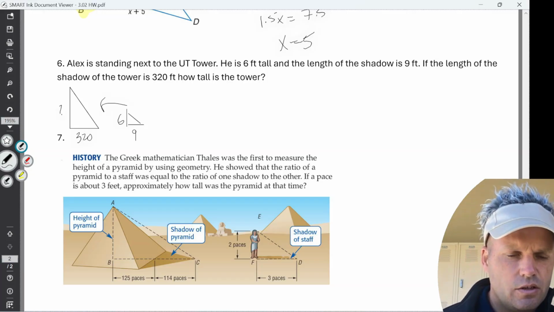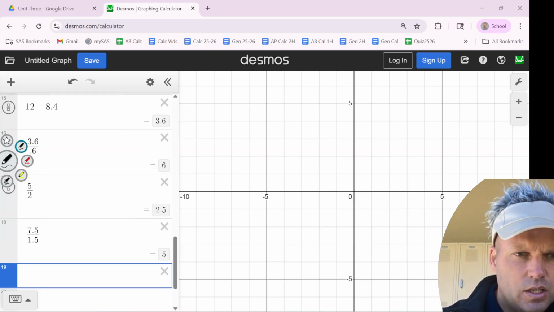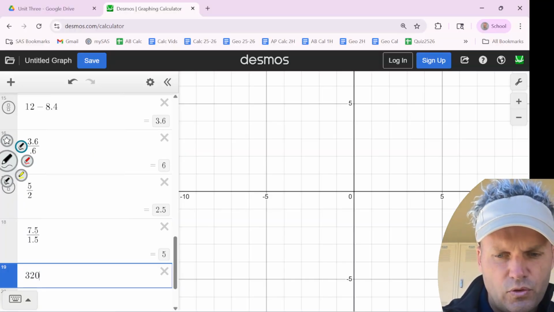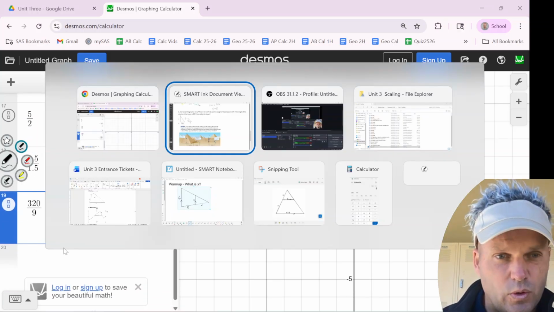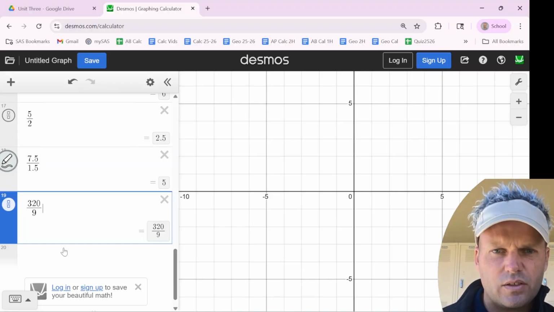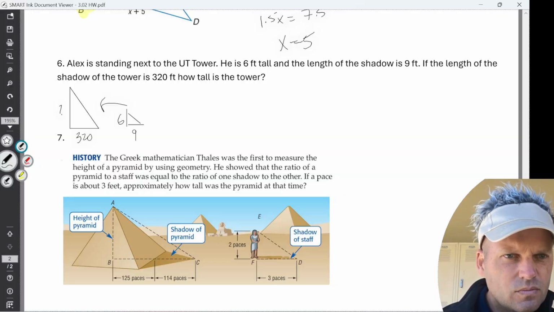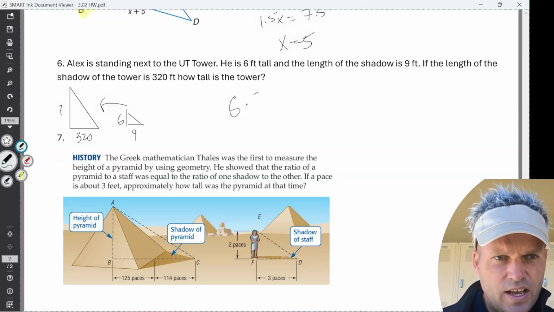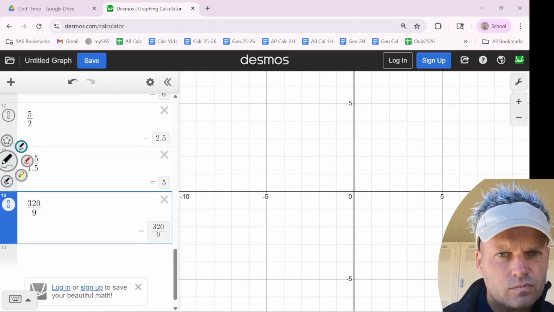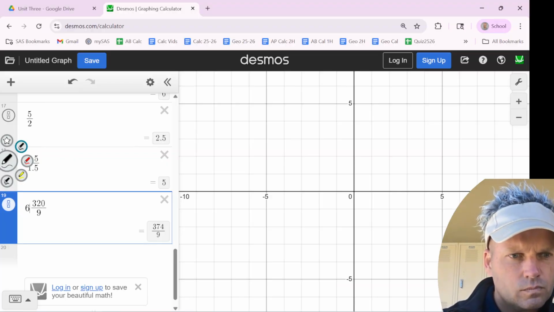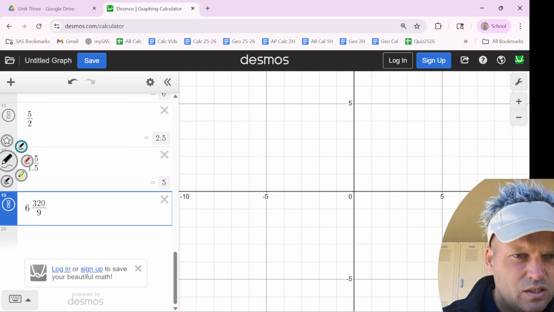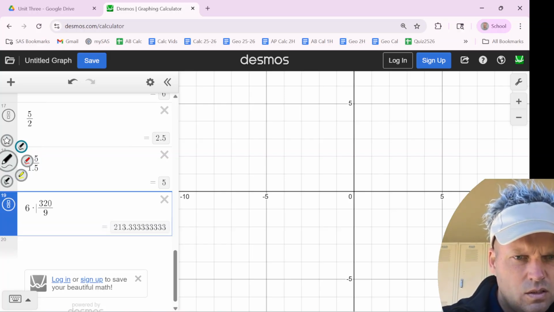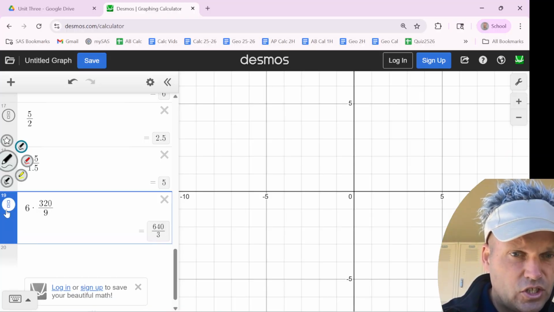Well, we can just see really quickly that the UT tower's triangle will be 320 divided by 9 times the size. That's 35.5555, or 320 ninths. I'm just going to leave it as 320 ninths. So I'm going to do 6 times 320 over 9, and I get 1920 over 9, which is 640 over 3.